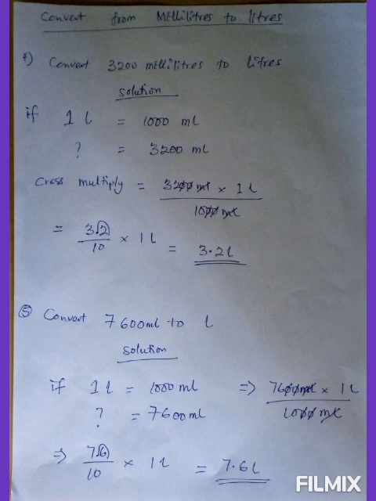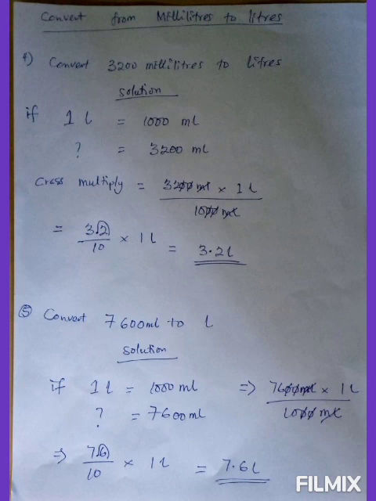We are converting 3,200 milliliters to liters. Now, the solution is that if 1 liter is equal to 1,000 milliliters, then 3,200 milliliters will be equal to what?